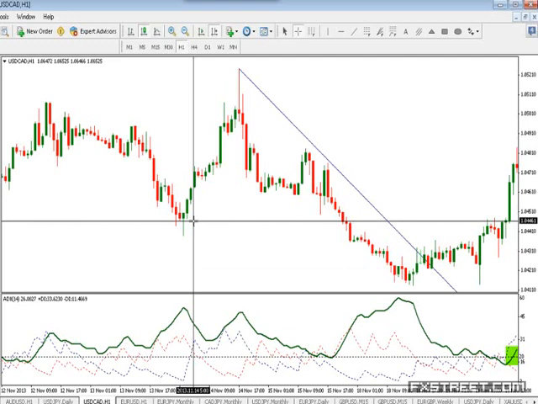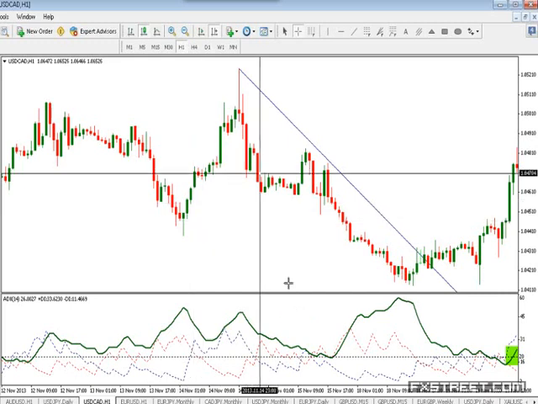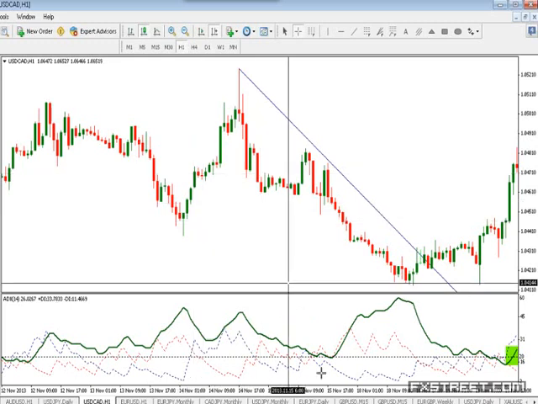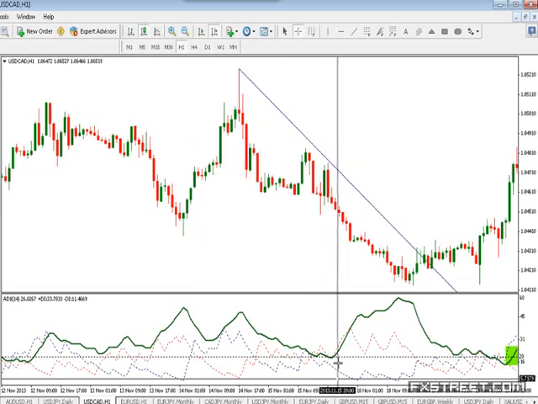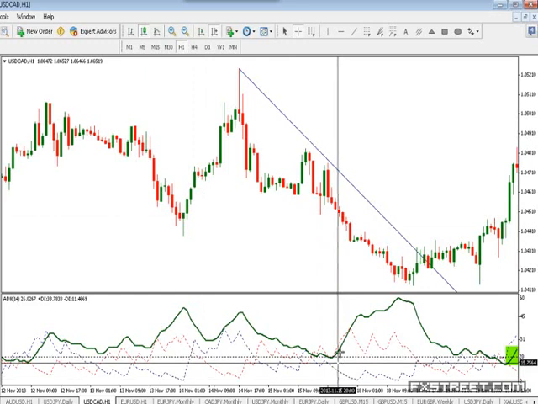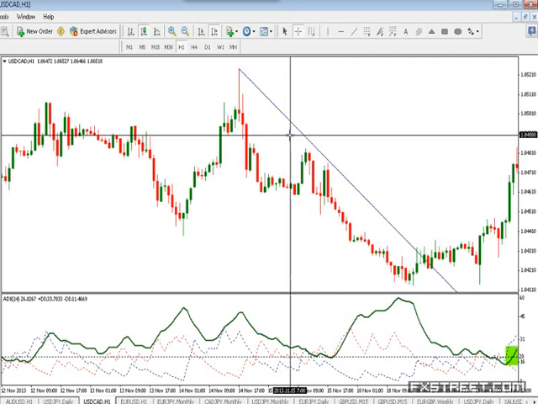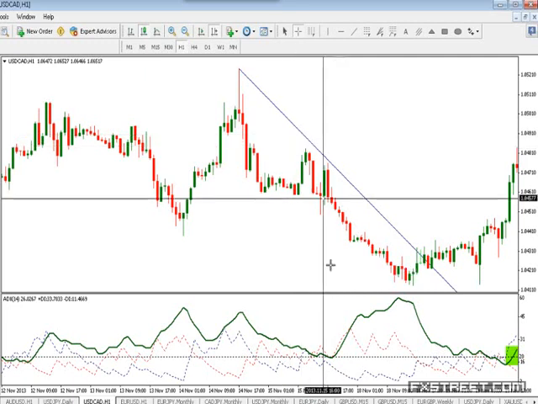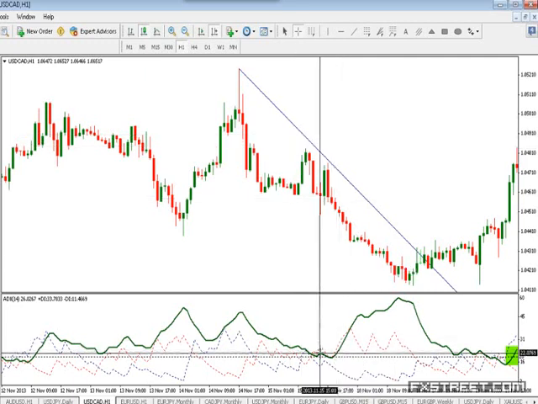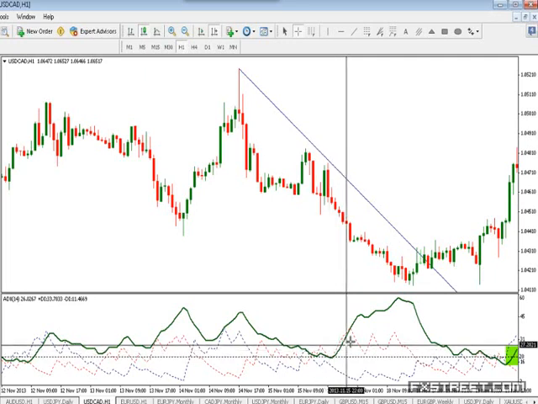That's one of the simplest ways. Let's just have a look at some examples. For the time being, don't look at the ADX. We'll just concentrate on these two blue and red dotted lines. In this case, you had price in a pretty nice downtrend, so you had the red dotted line above the blue dotted line. Compare both of them.